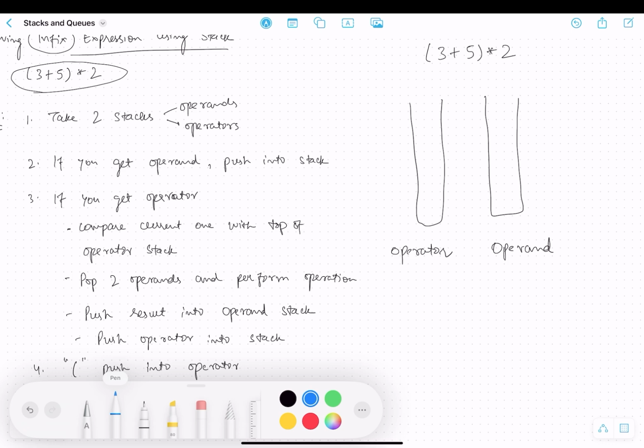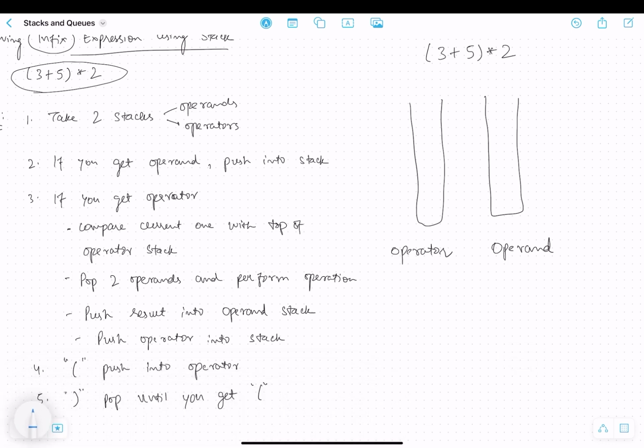We get an opening bracket. See point number 4: push into the operator stack. Next we get 3. What step do we have to perform? See what is written at the second point: push into the operand stack.